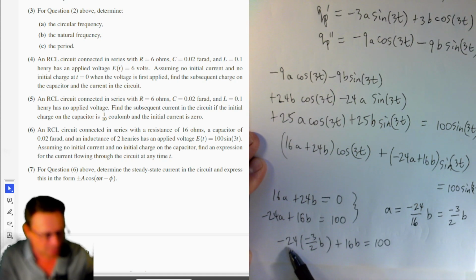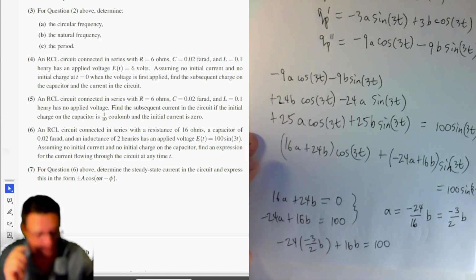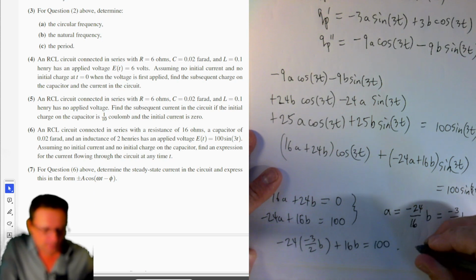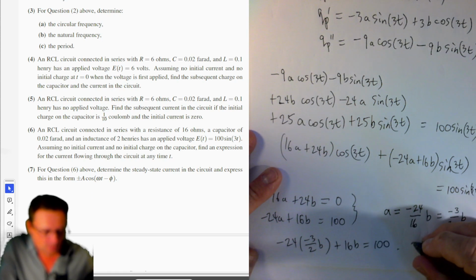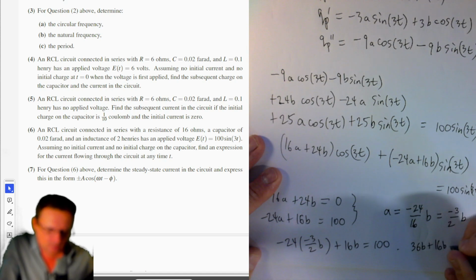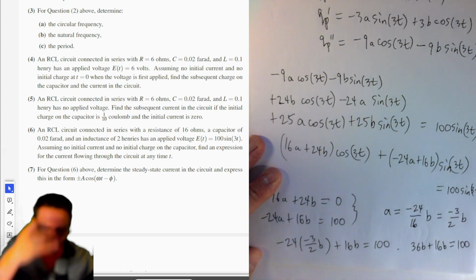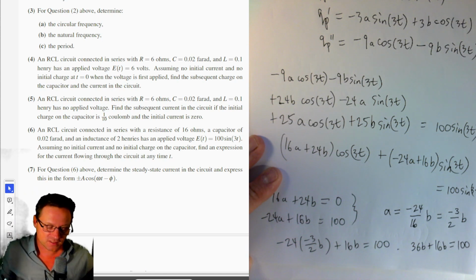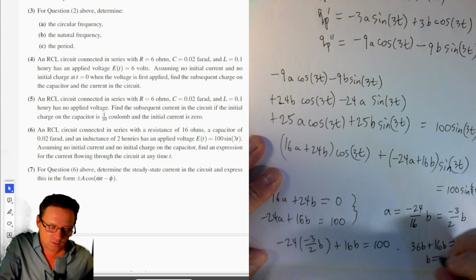Okay, so minus 24 over minus 2 is 12, and 12 times 3 is 36. So 36b plus 16b is 100. 36 plus 16 is 52. So b is 100 over 52.